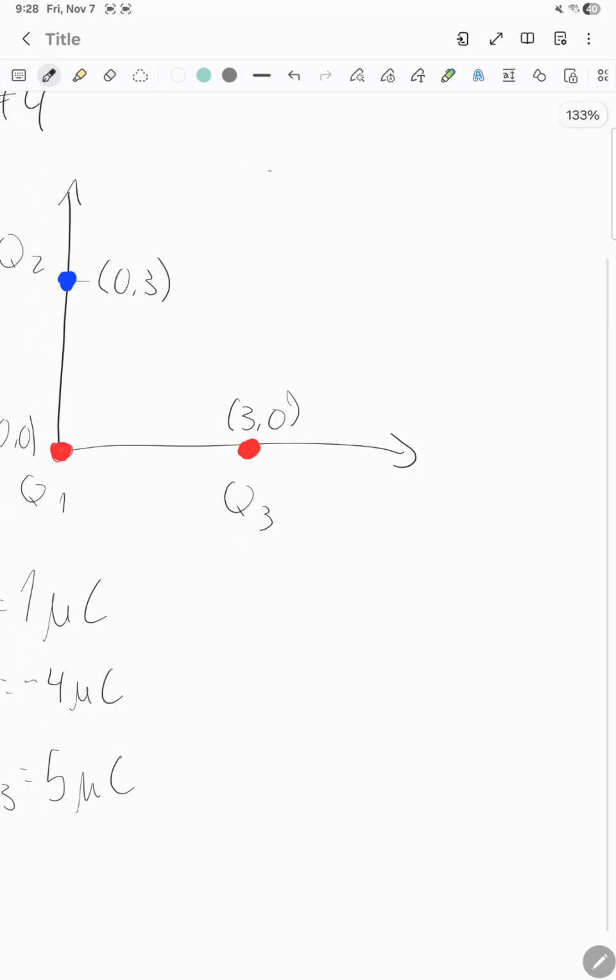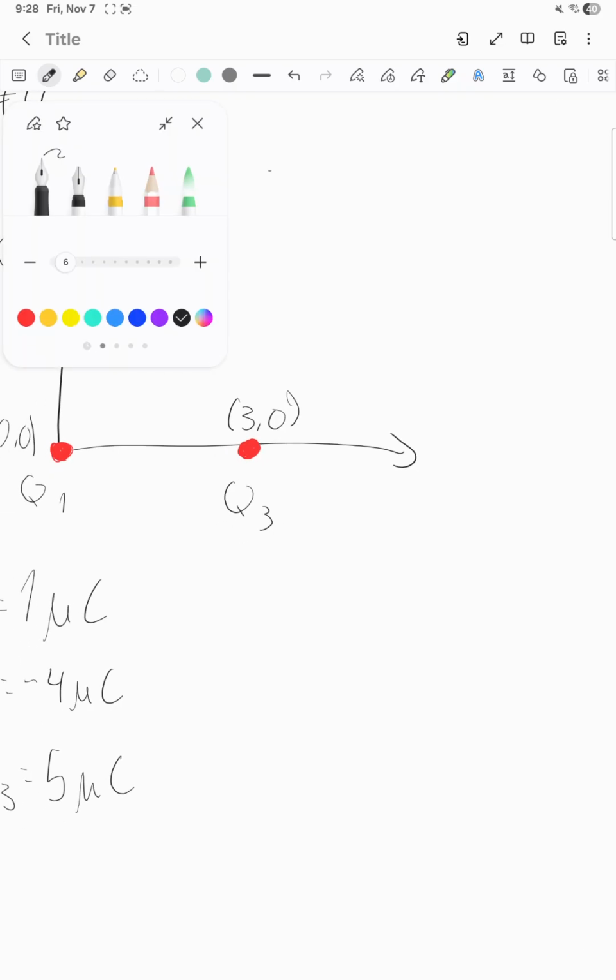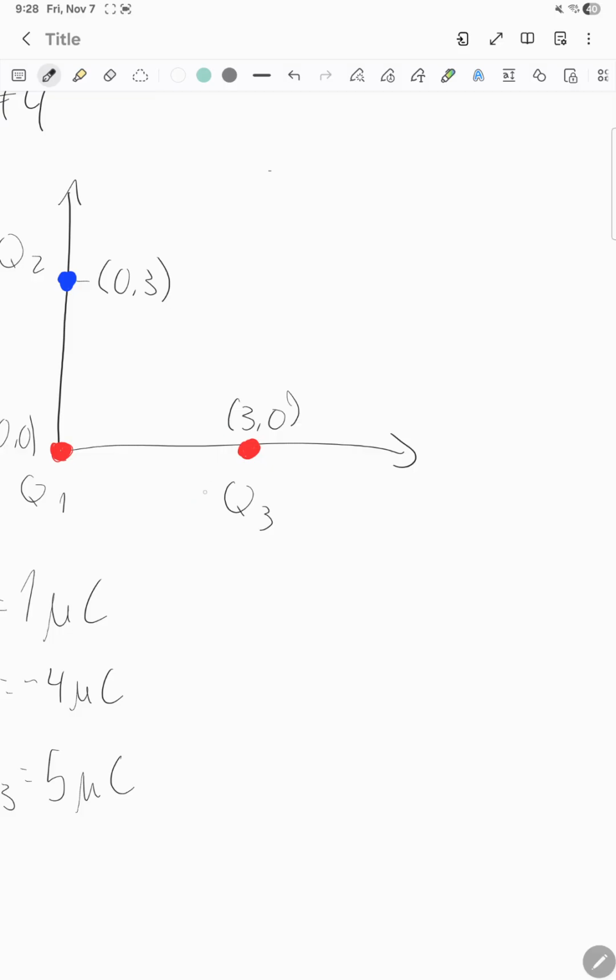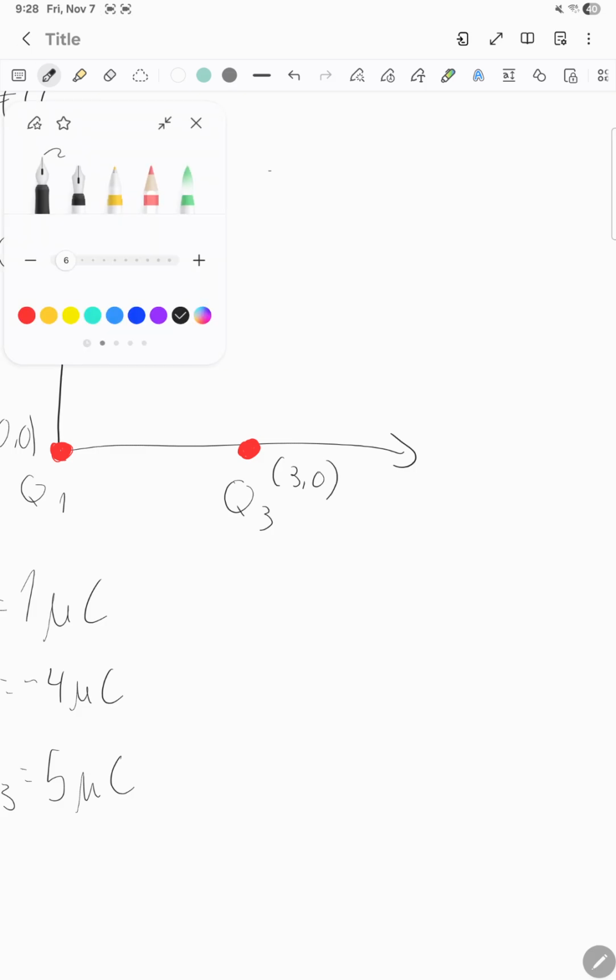Let us draw the forces acting upon Q3. We only want Q3. We don't care about Q1 or Q2. They will influence Q3. What interests us is really this point particle Q3 and the forces it will feel. So this is at 3, 0.